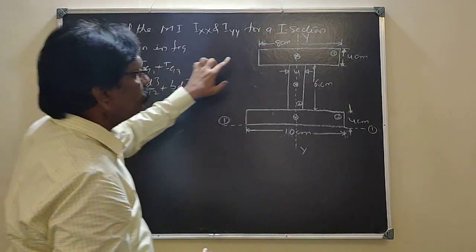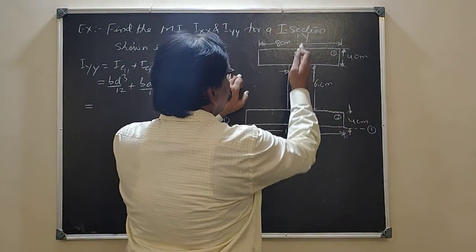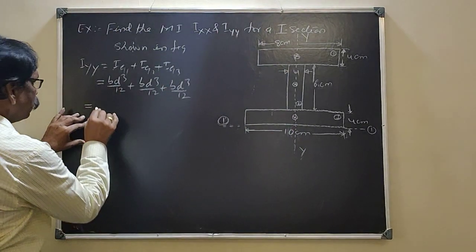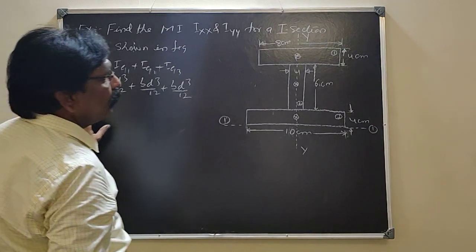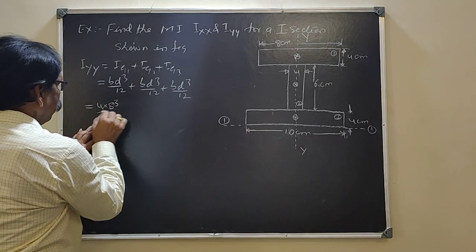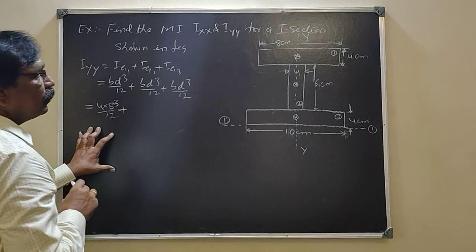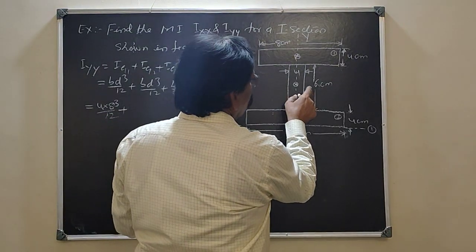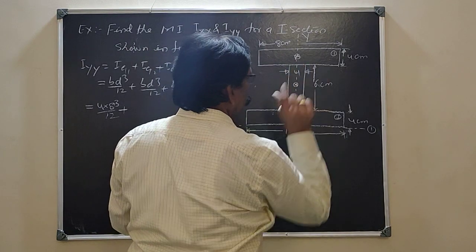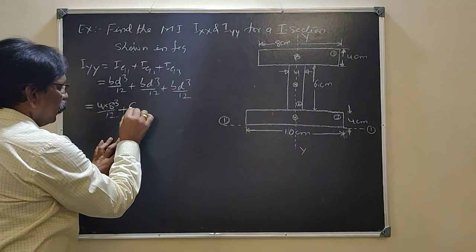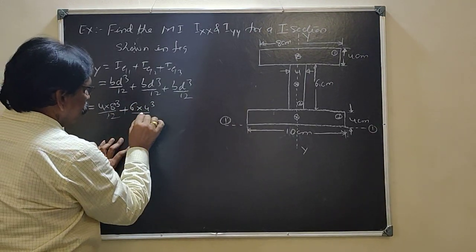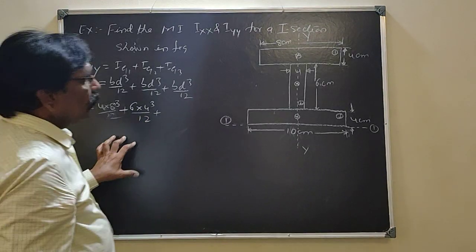Now for the first one, this is the axis, and the dimension parallel to it will be B, that is 4, into its depth, 8 cm, so 8 cube divided by 12, plus, coming to this one, this is the reference axis YY, so this dimension will become B, that is 6, and the other dimension will be 4, that means 6 into 4 cube divided by 12, plus another rectangle.